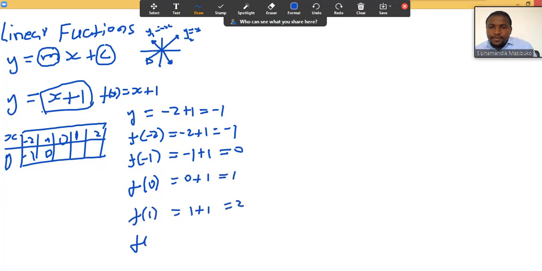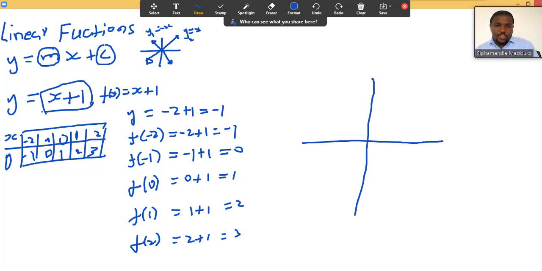When x is equal to 2, we have 2 plus 1, which is 3. You can see, when x is equal to 0, our y is 1; when x is 1, our y is 2; and when x is 2, our y is 3. Hence we can easily now sketch our graph.